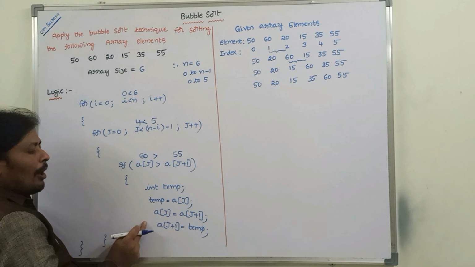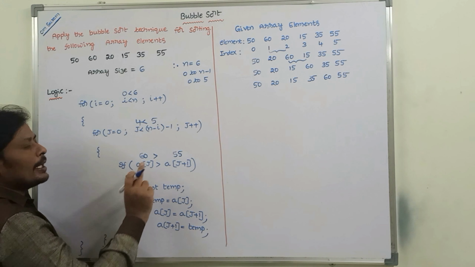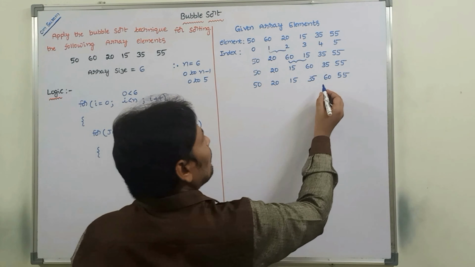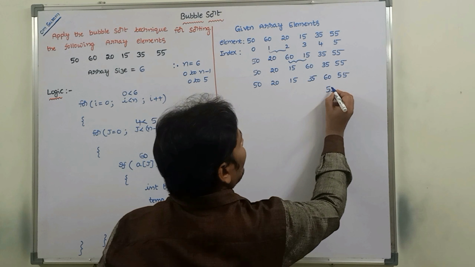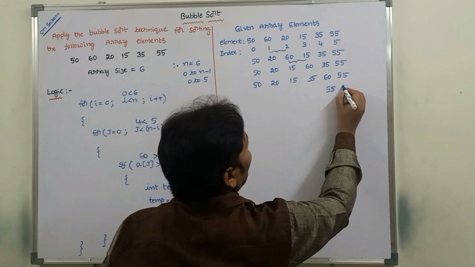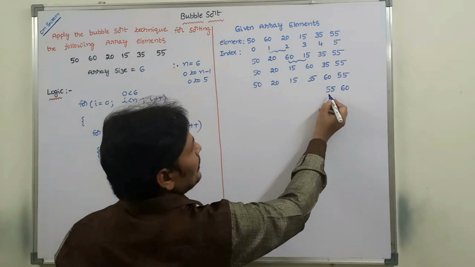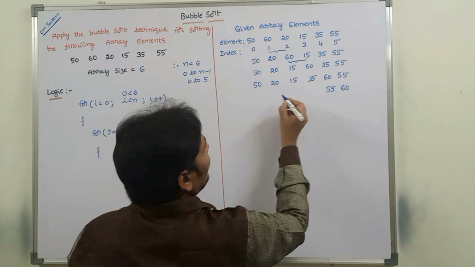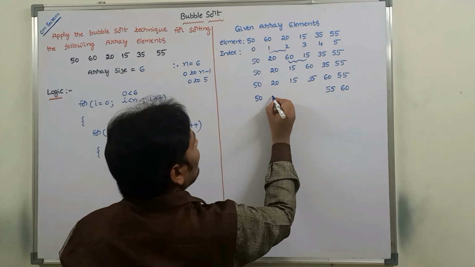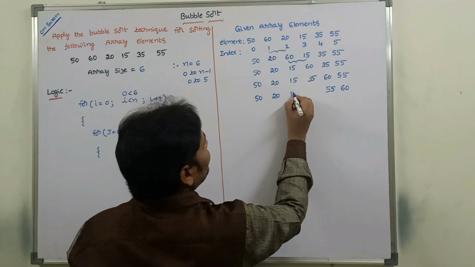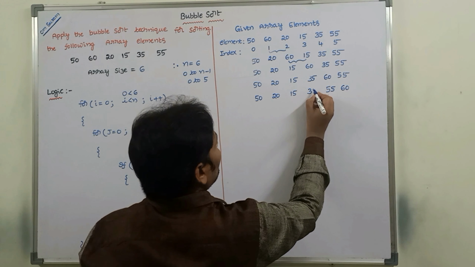In that if block, these two elements are swapped. In the place of 60, we are getting 55. In the place of 55, we are getting 60. After swapping, 55 here, 60 here, the remaining elements are same: 50, 20, 15, 35.